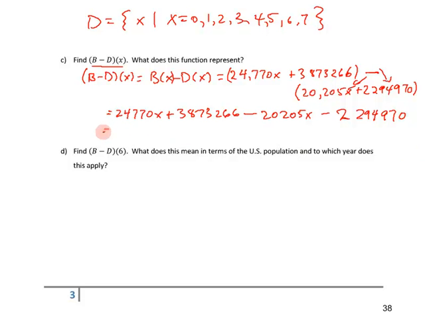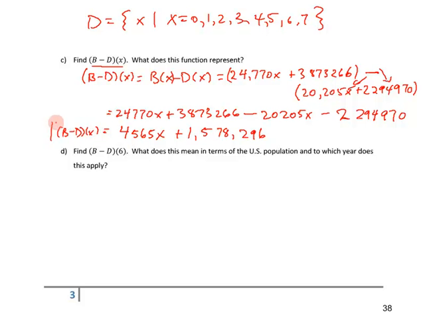Okay, so collect like terms. 24,770x minus 20,205x, plug that into my calculator, I get 4,565x plus 3,873,266 minus 2,294,970 gives me 1,578,296. Okay, that's b minus d as a function of x.